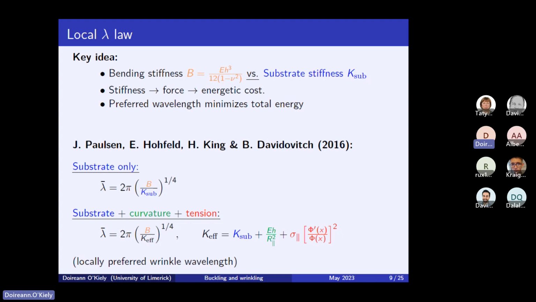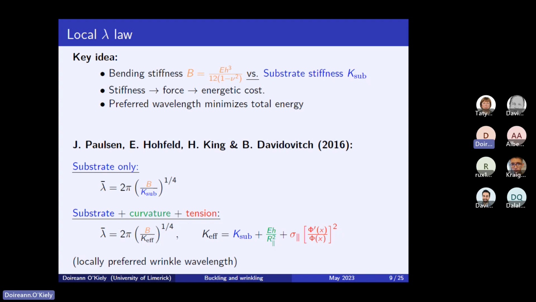And then there's a preferred wavelength that minimizes the total energy. Okay, and so in the system we just thought about, you have what I would call a local lambda law. So wavelength lambda that minimizes energy locally. Specifically the energy associated with bending and with stiffness.